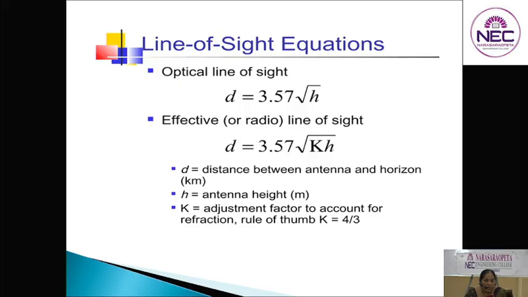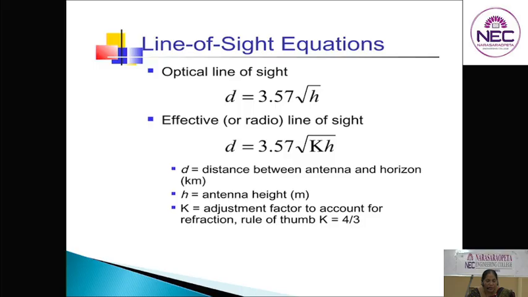The optical line of sight D equals 3.57 times root h. Effective line of sight D equals 3.57 times root of kh, where D is the distance between the antenna and the horizon expressed in kilometers, h is the height of the antenna in meters, and k is the adjustment factor to account for refraction.